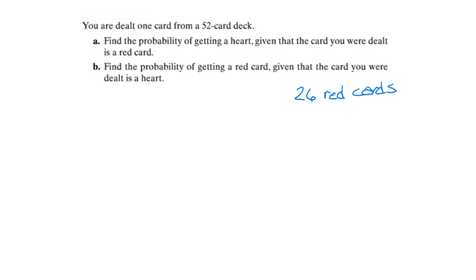And these red cards are made up of hearts and diamonds. These are the suits, hearts and diamonds. Right, so of those red cards, 13 hearts are red.